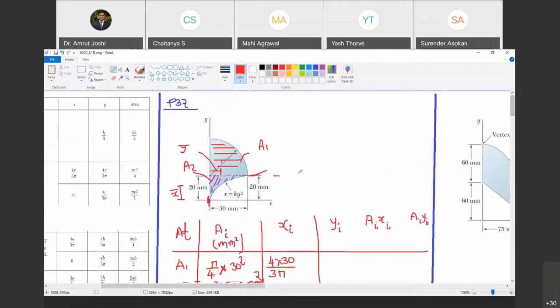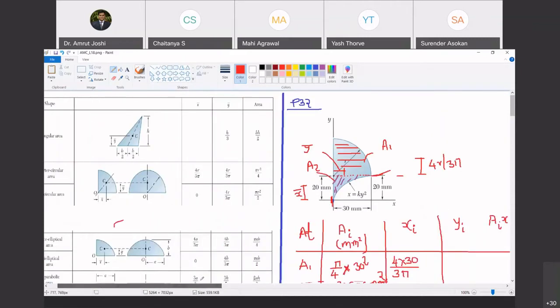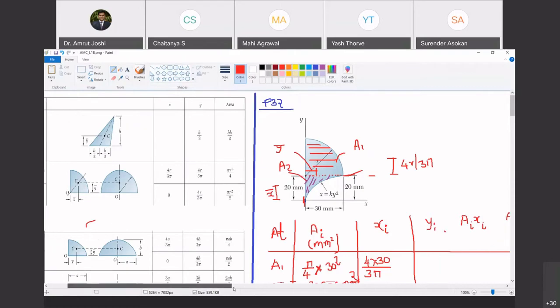Then what is the value of y bar? Now you have to understand that y bar is equal to 4r by 3 pi from here as per the formula. Look at the formula. Y bar is 4r by 3 pi. Are you with me? Yes, sir. But we have to write down this y bar with reference to the origin. So with respect to the origin, how much will it be? 4r by 3 pi plus 20 mm. Do you agree with me? Yes, sir.